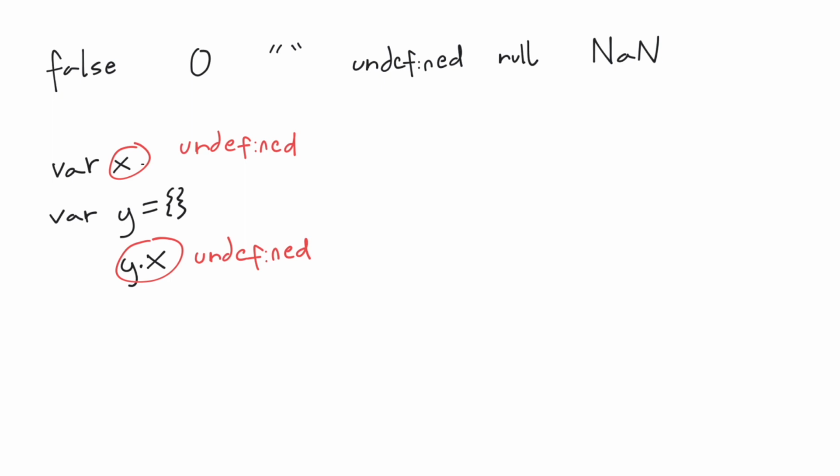What about null? Well, null is simply a value that you can assign to any variable, which means nothing, or this variable has no value. So when would you want to use this?